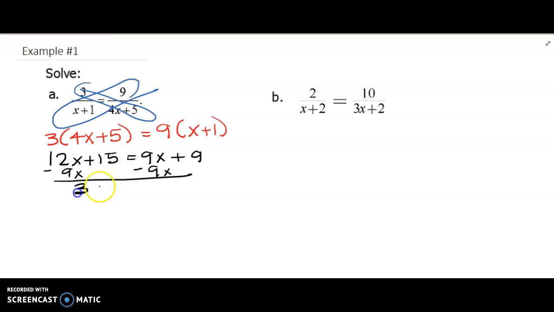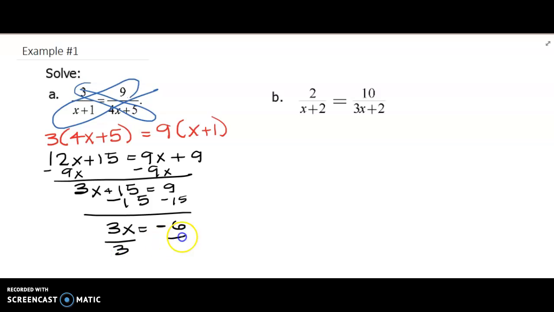We have 3x plus 15 equals 9. Subtract 15, subtract 15. We get 3x equals negative 6. We divide both sides by 3. You get x equals negative 2. Okay, hopefully that's a review. So go ahead, pause this video, do the next one on your own, and then we'll move forward with some new stuff.